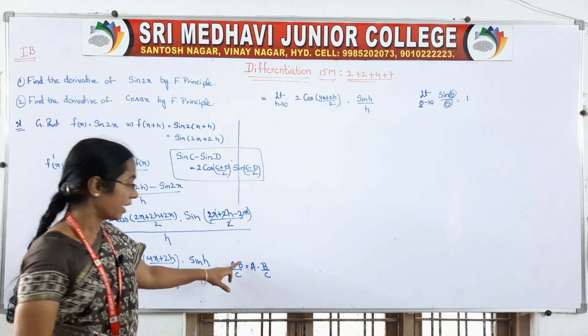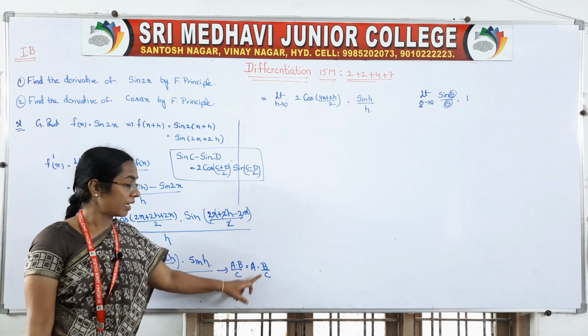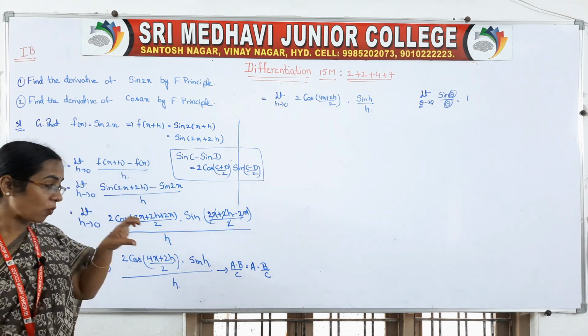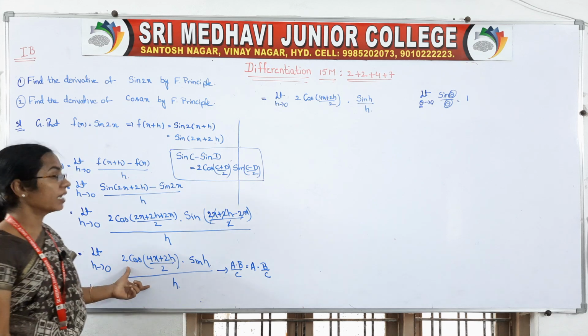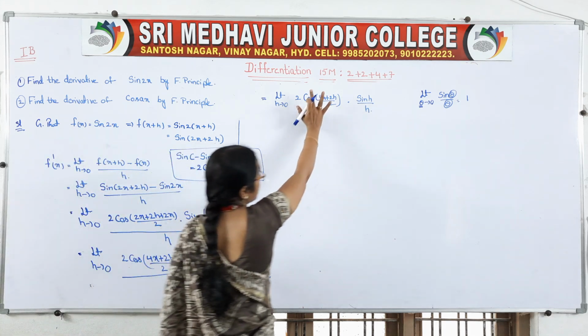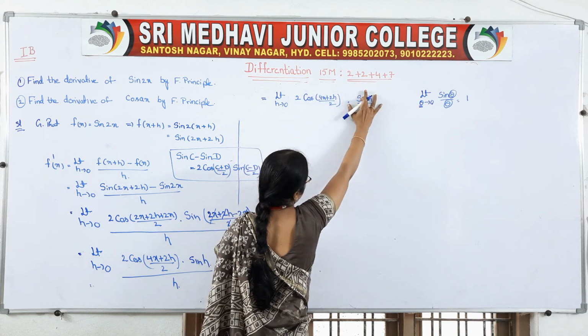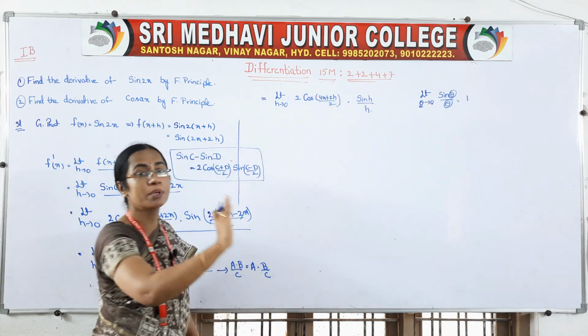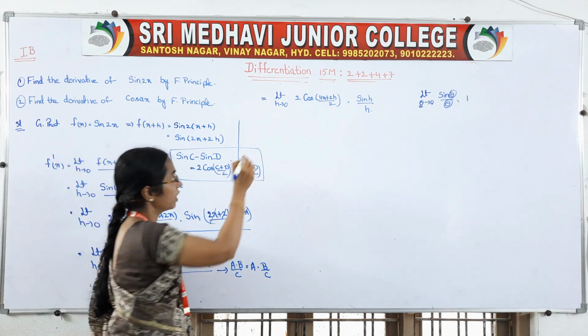This form a into b by c can be written as a into b, only b by c. So this is what I have taken. Now consider this as one term and this as one term, so we can apply the limit separately for each term.